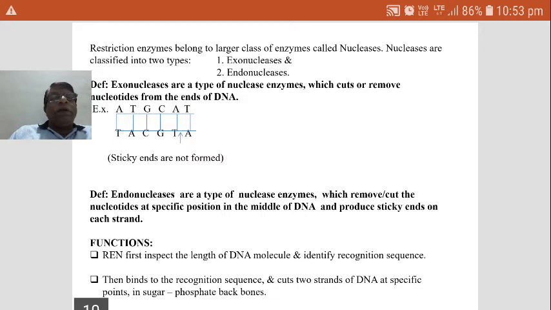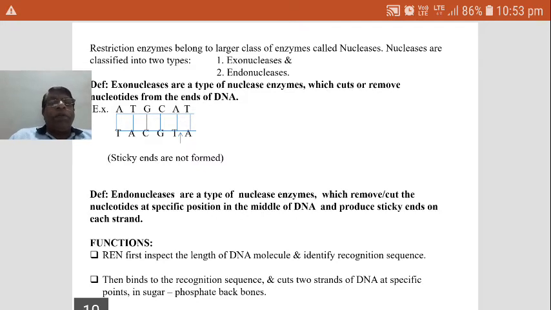Restriction enzymes are called nucleases. They are of two types, exonucleases and endonucleases. We have already seen exonucleases. Now we shall see endonucleases.